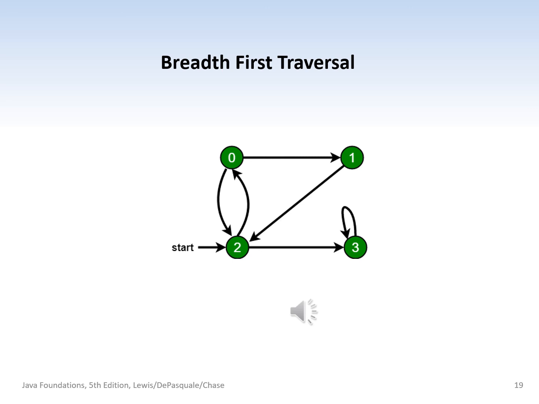See the cycle? If we don't mark visited vertices, then 2 would be processed again, and it will become a non-terminating process. So a breadth first traversal of the following graph is 2, 0, 3, 1.